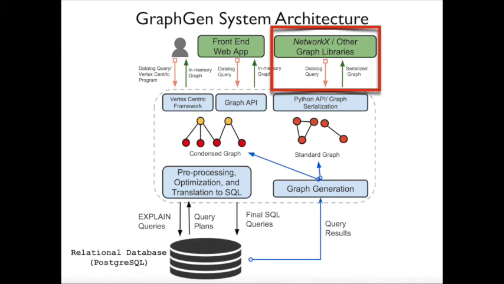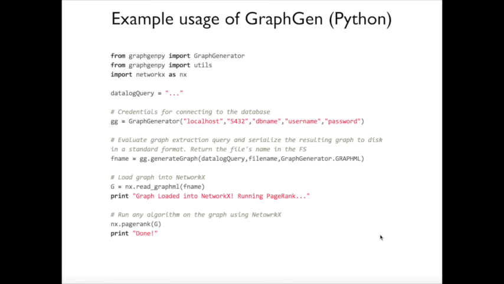Another way to use GraphGen would be through our Python API for extracting graphs and serializing the graphs onto disk for further analysis using other third-party libraries like NetworkX. Executing an extraction query in our Python API is also very straightforward.